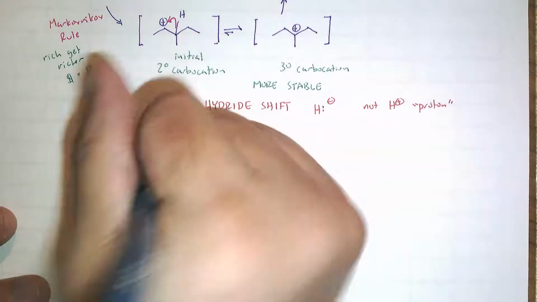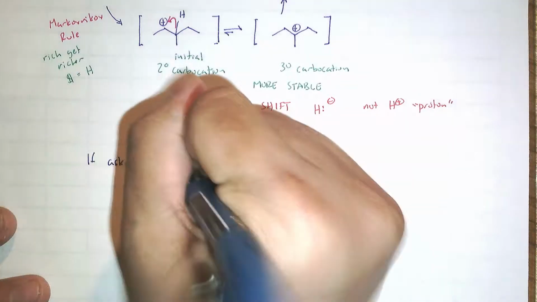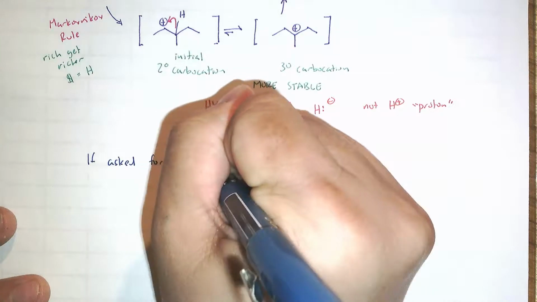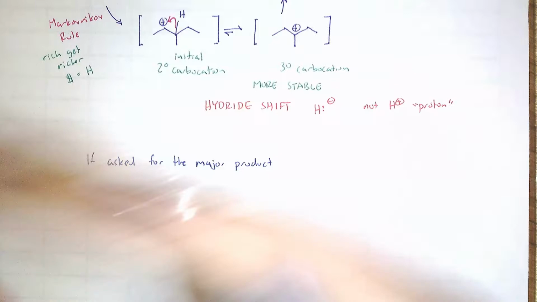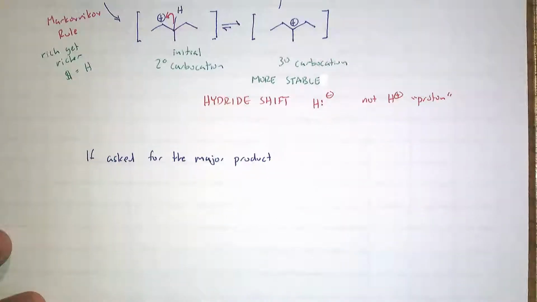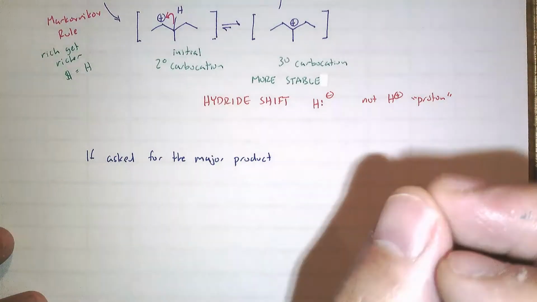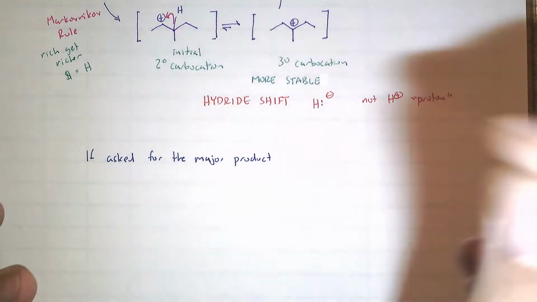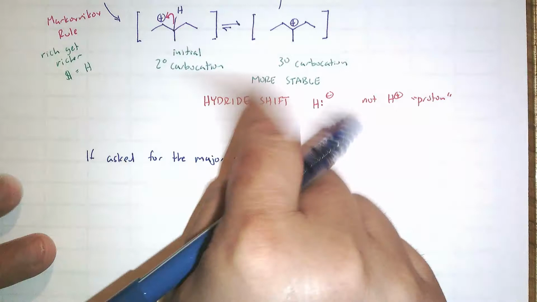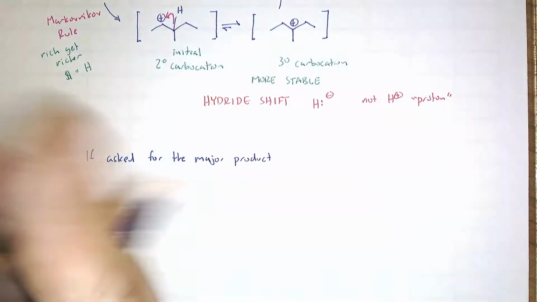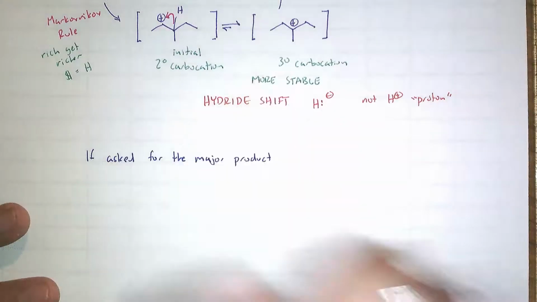So if asked for the major product, for the vast majority of cases, a professor is expecting you to do one shift, but that's only if you could make it a better carbocation. I have to always give that caveat that you only do the shift if you could make a better carbocation.